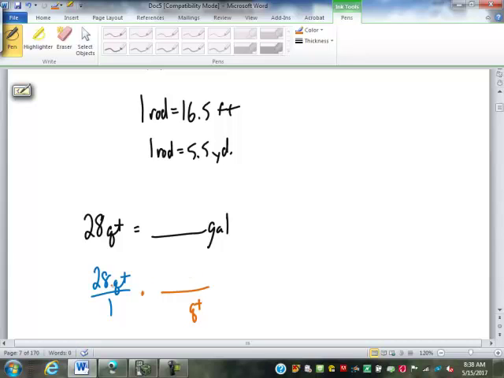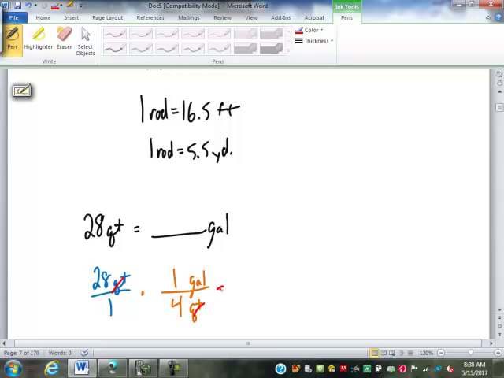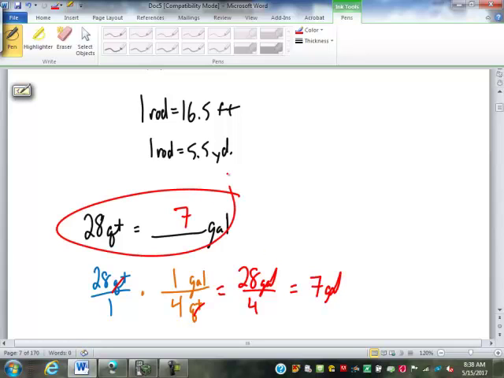Quarts on bottom so that they'll cancel out. Gallons on top. 1 gallon is 4 quarts is our equivalency there. So quarts cancel out. 28 times 1 gallon is 28 gallons. 1 times 4 is 4. 28 gallons divided by 4 is 7 gallons. So 28 quarts is 7 gallons.